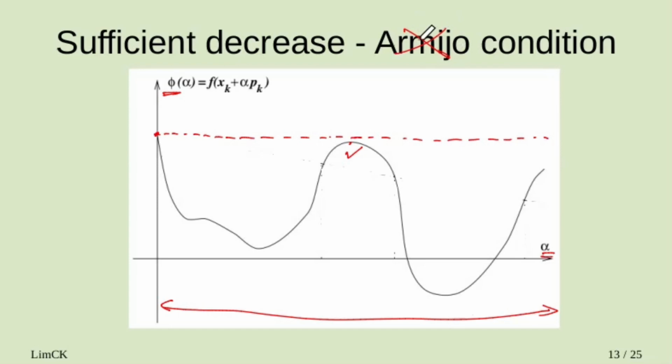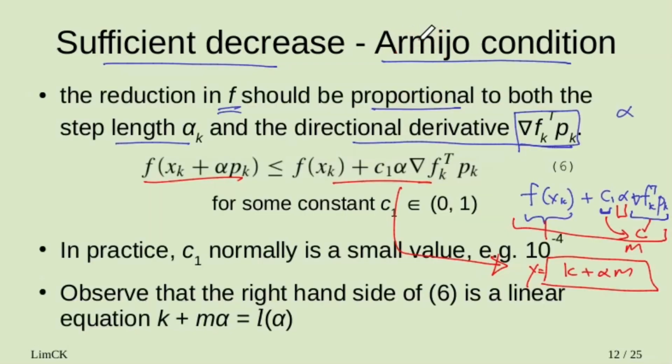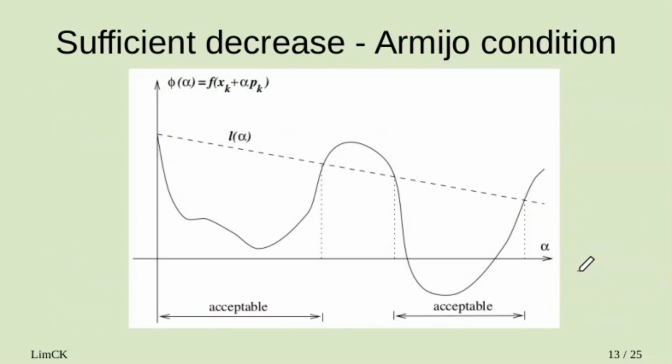But if we consider the unusual condition, we know the cost function at the new point should be less than or equal to not only the cost function at the current point, but some lower value. And the whole thing here is a linear equation.